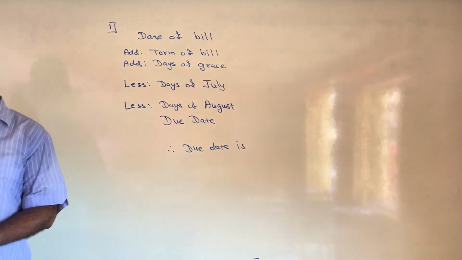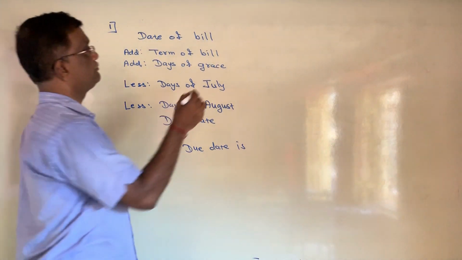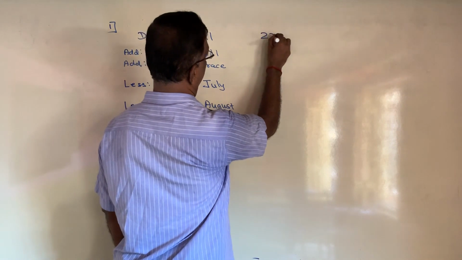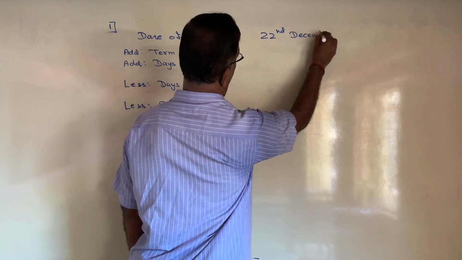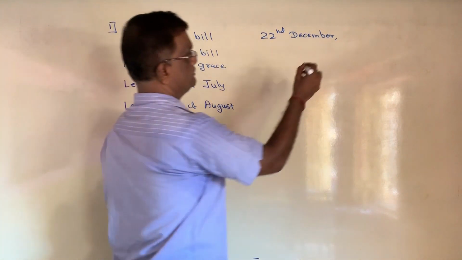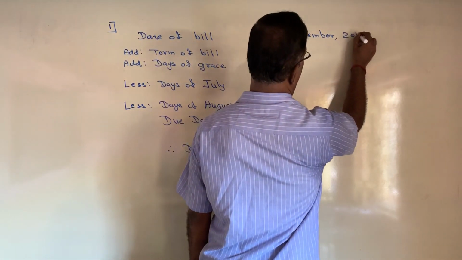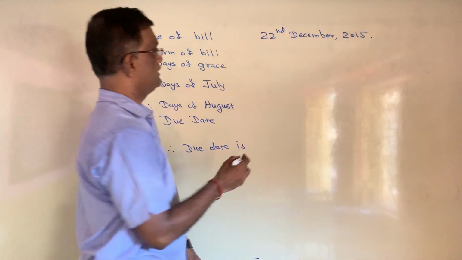In the third sum, the date of bill is given as 22nd December 2015. And the number of days is given as 80 days.